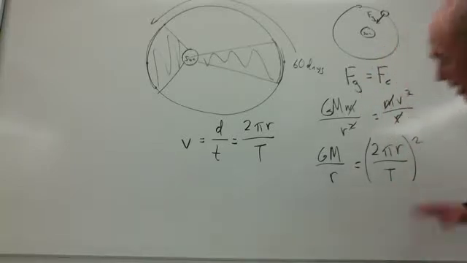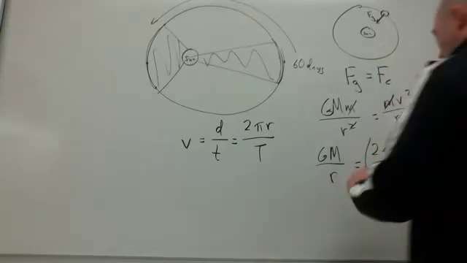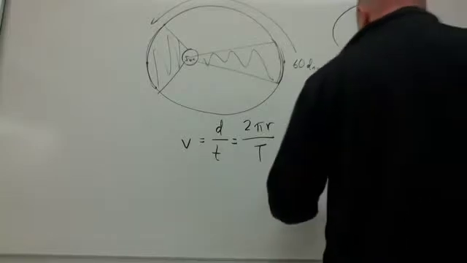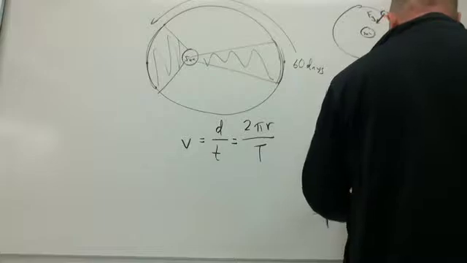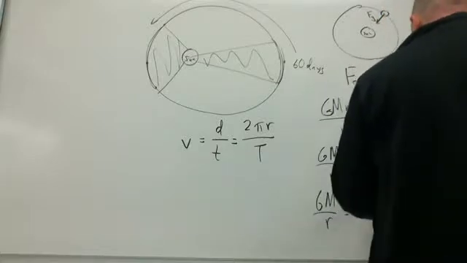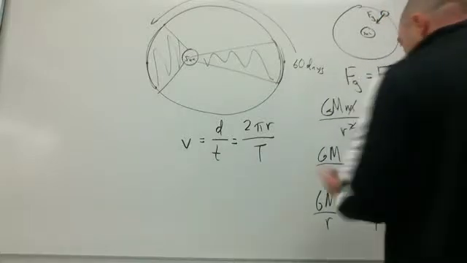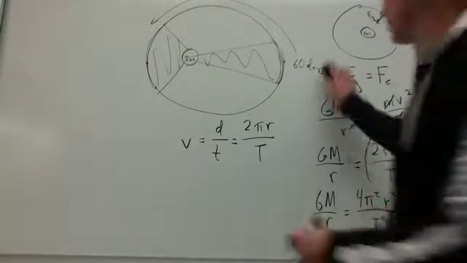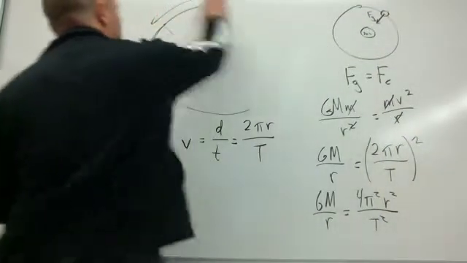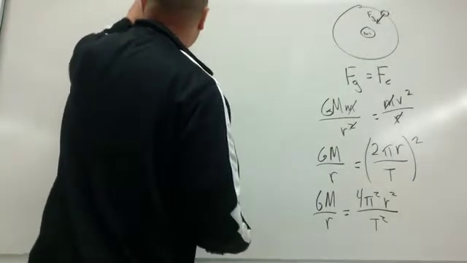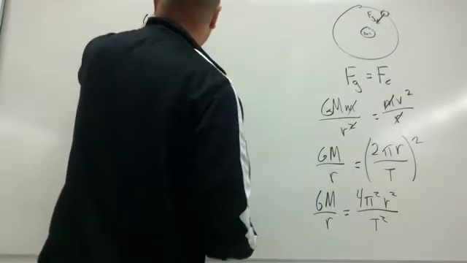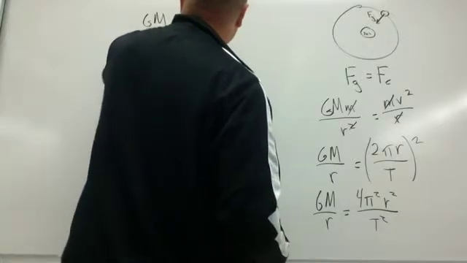But anyway, let's just finish it. This is going to end up being GM over r equals 4 pi squared r squared over t squared. And then if I cross multiply, and I'm going to erase so I can do it over here, GM over 4 pi squared equals r cubed over t squared.